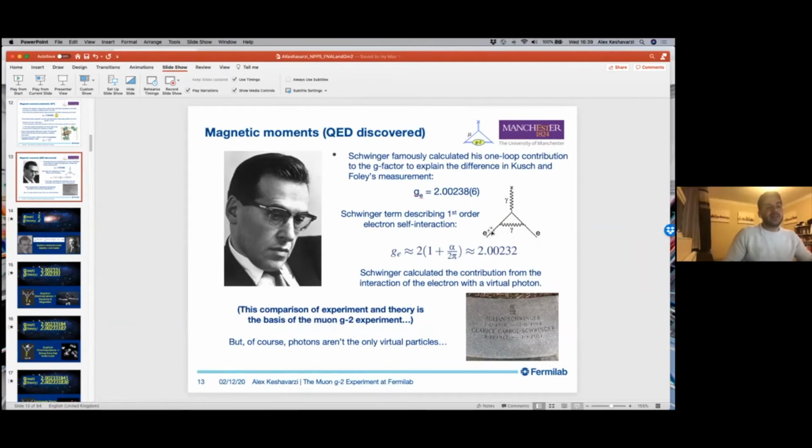Now, what happens is that because these virtual processes can happen, the incoming and outgoing electron can exchange these virtual particles. That's just a virtual process that happens all the time. But what that does is, you can imagine it in the sense that it will screen the coupling that the external photon and the external electron will see, and so it changes the value of the coupling slightly, because it's almost like it's shielding. This obviously isn't physically what happens, but you just have to imagine it in that way. It's almost like it's shielding that coupling constant and changing the value slightly.